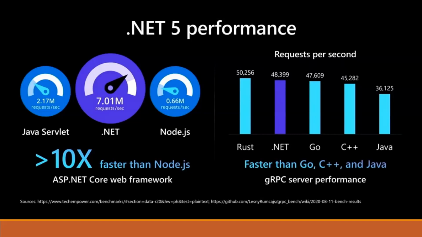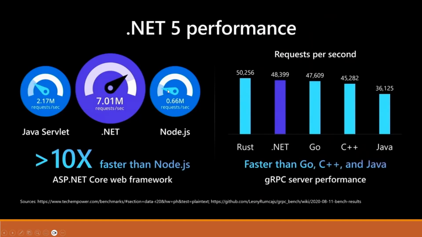2023, last year. You see this Java Servlet can serve 2.17 million requests per second, but .NET is handling 7.01 million requests per second. So it is 10x faster than Node.js, which serves almost 0.66 million requests per second.